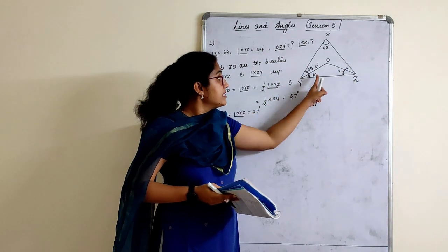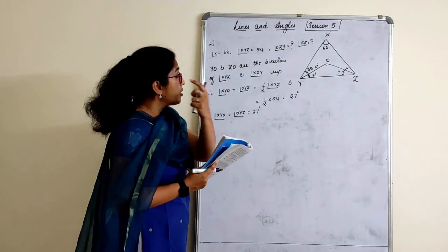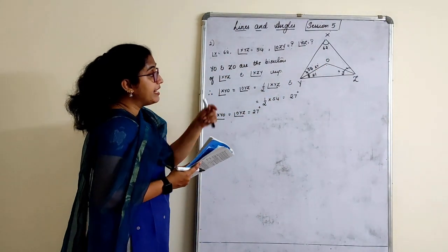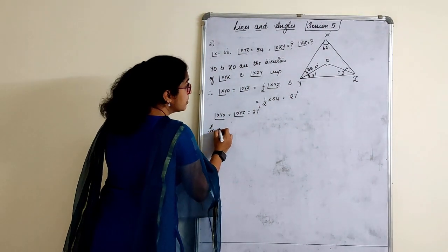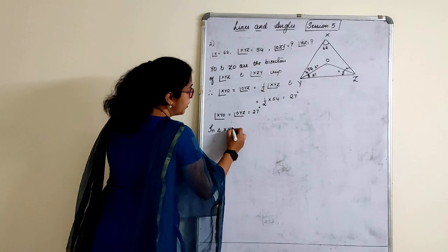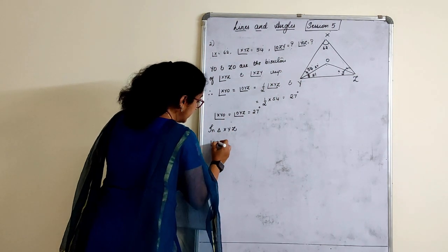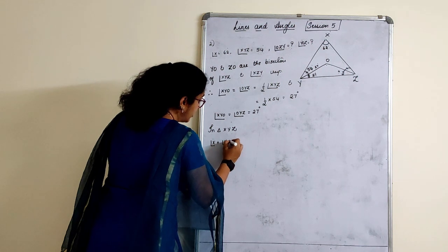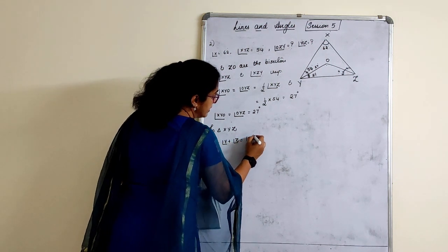I can find this. In the smaller triangle, by the angle sum property, we can find angle O. So that bigger angle Z we can find by the angle sum property now. So in triangle XYZ, I can say angle X plus angle Y plus angle Z is equal to 180.